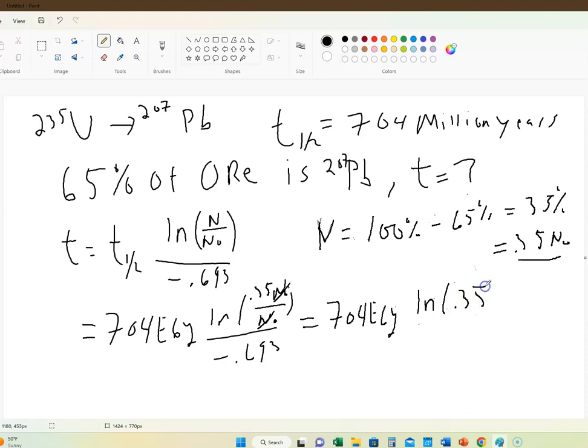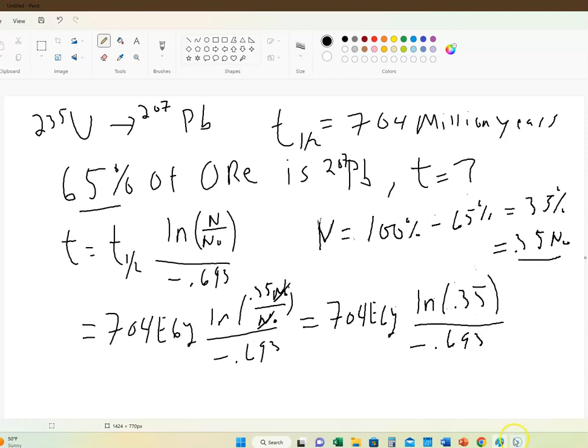And of course we got that from the fact that 65% of the ore is now lead-207. And then you divide by negative 0.693.